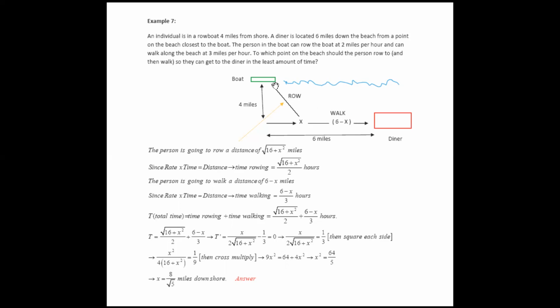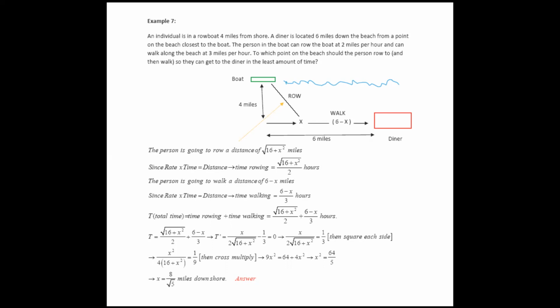Because the shortest distance is this line right there. Straight line, shortest distance between 2 points. But because they're very closely matched here, it works out that they will not get there fastest just by rowing the whole way. So they're going to row a little bit, and then they're going to walk the rest of the way.